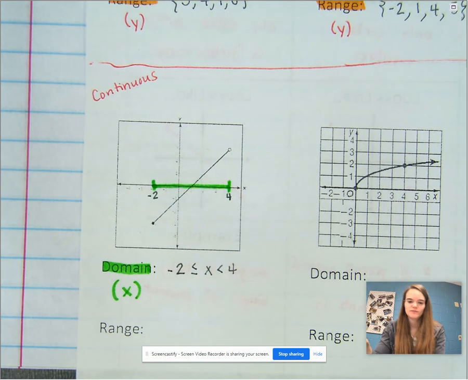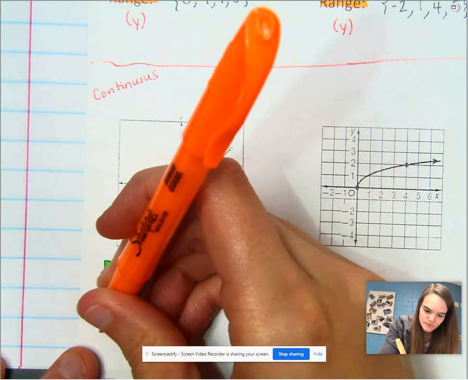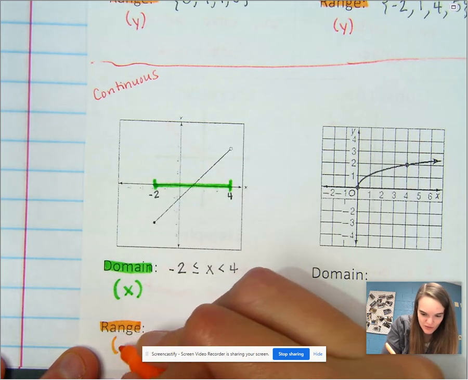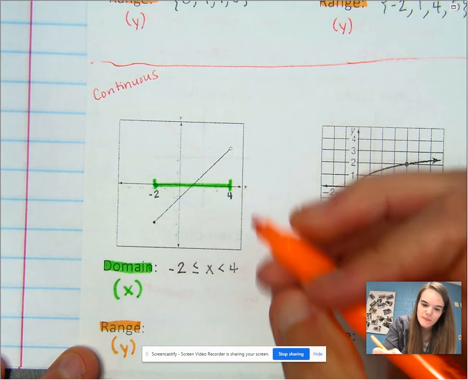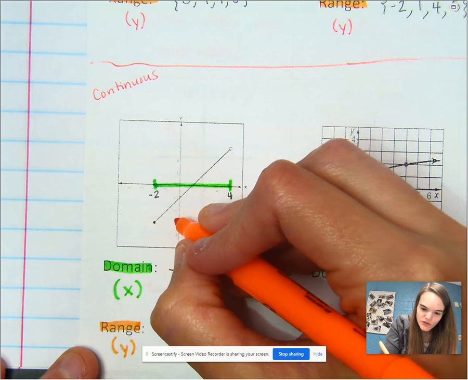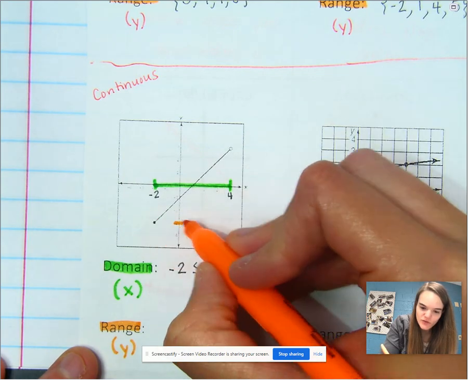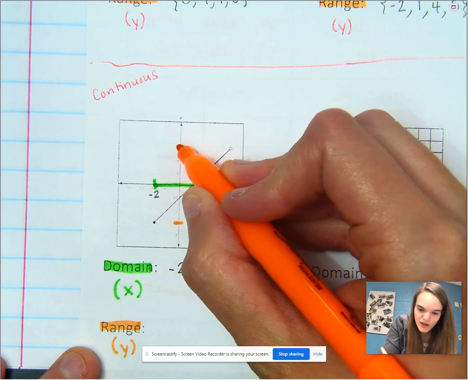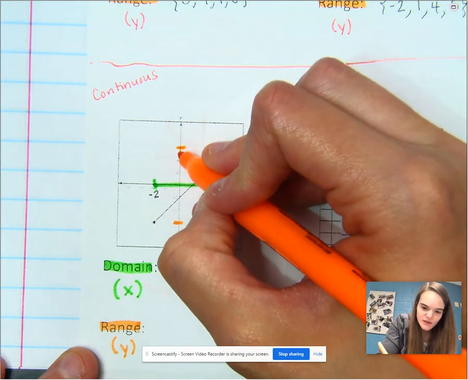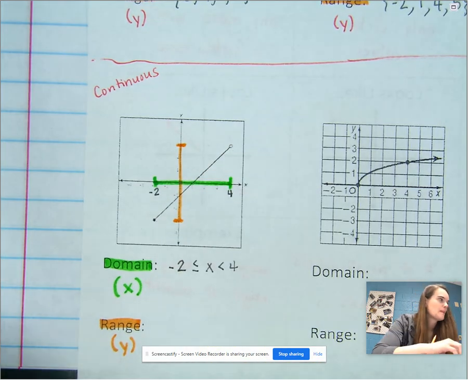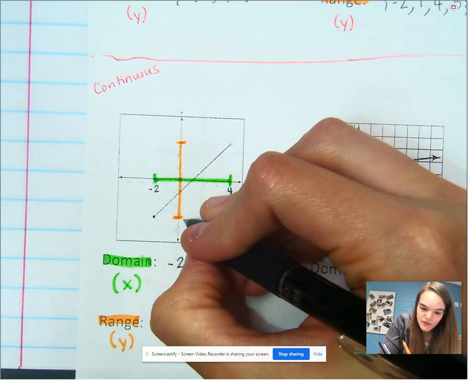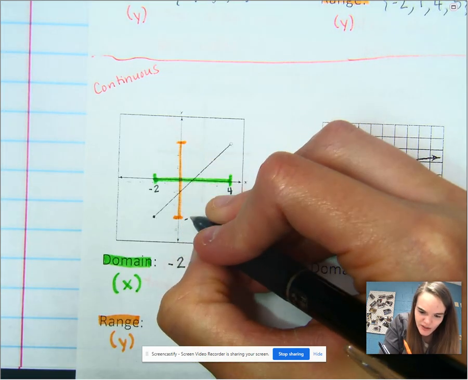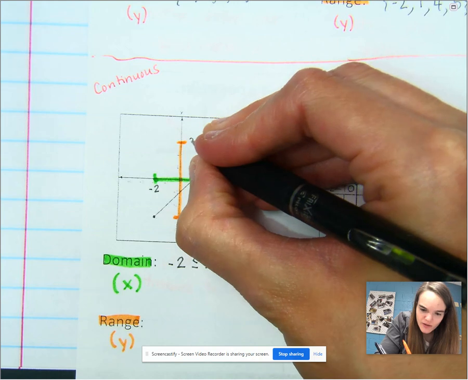Let's do range. Range is the y's. I am going to start down here at -3, since that's where it starts, and I'm going to go up to, looks like 3. That's -3 to 3.